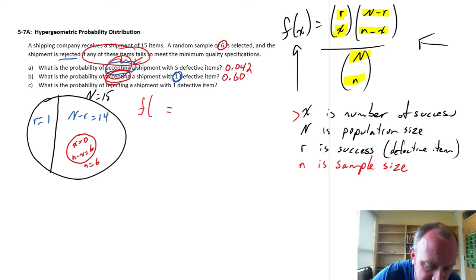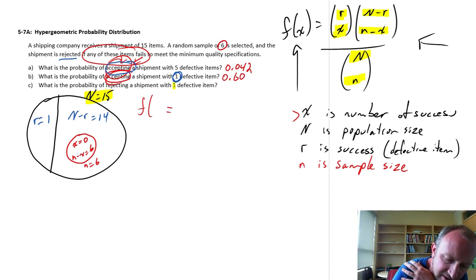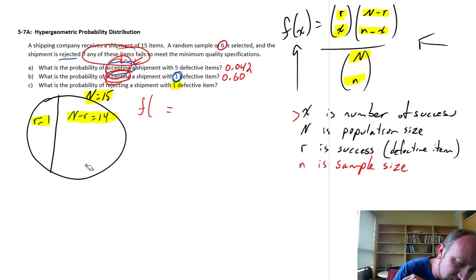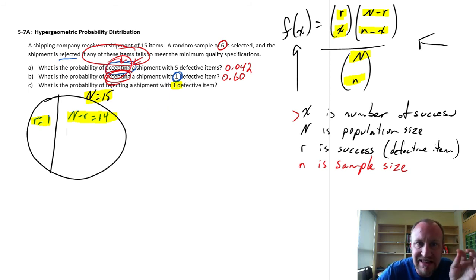My population is still 15. That shipment contains 1 defective item, so r is still equal to 1 and n minus r is still 14. If I'm going to reject this shipment, I draw a sample of 6. What's the probability that that sample of 6 contains that 1?